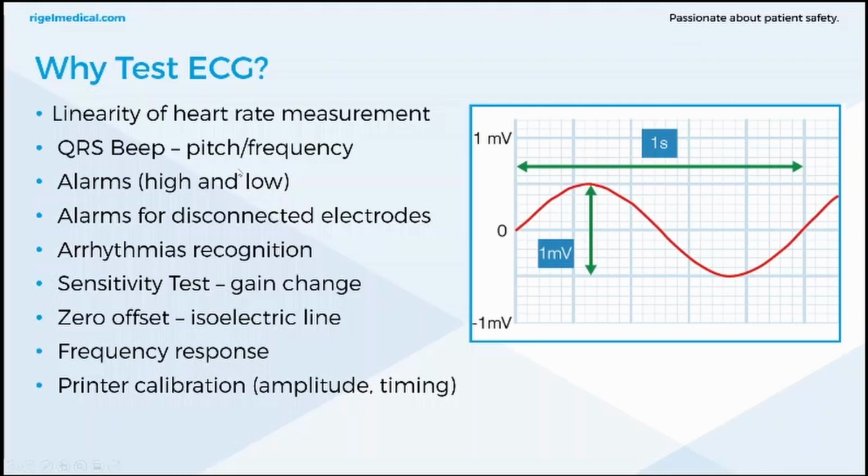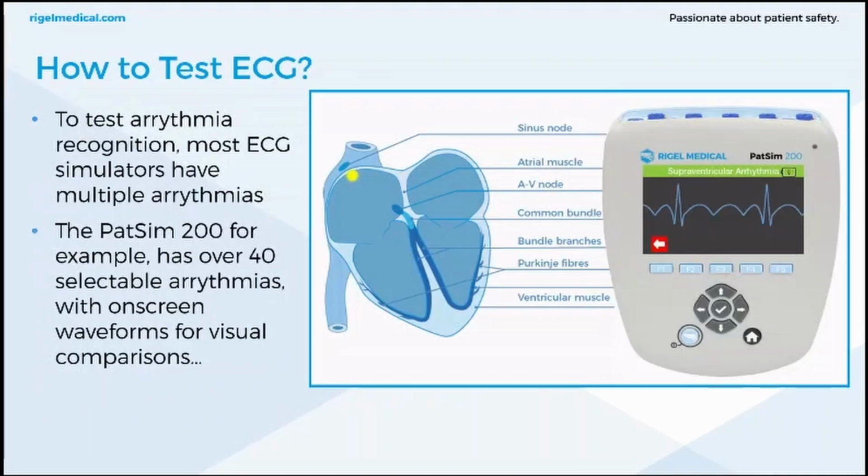So QRS beep, the pitch and frequency, the alarms, high and low alarms, alarms for disconnected electrodes, how well the arrhythmia is recognised, the sensitivity test to gain change, the zero offset, the isoelectric line, frequency response, and printer calibration. All these things are crucial for patient monitor performance.